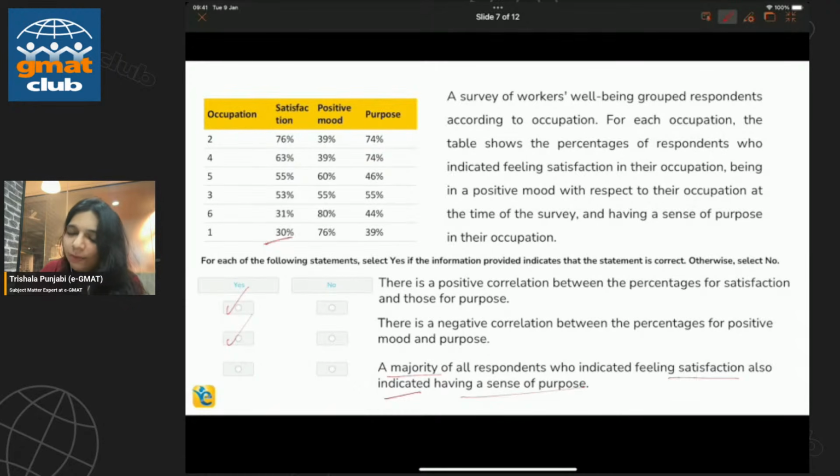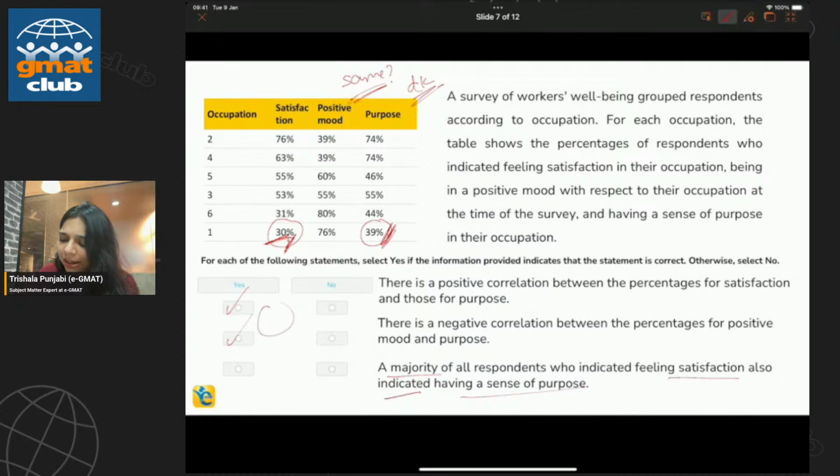Let us look at point one: 30% indicated satisfaction and 39% indicated feeling a sense of purpose. Are they the same people? Think about it: yes or no, or we don't know. The answer is we don't know.